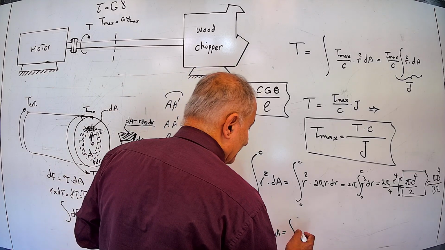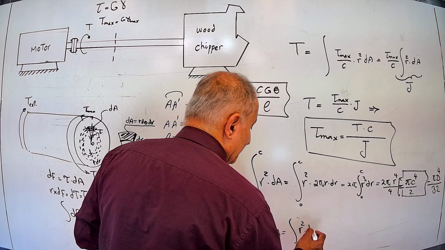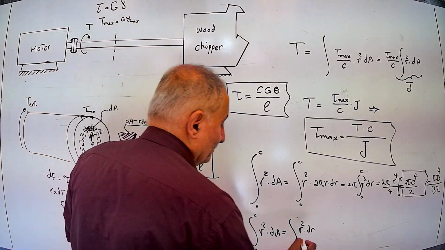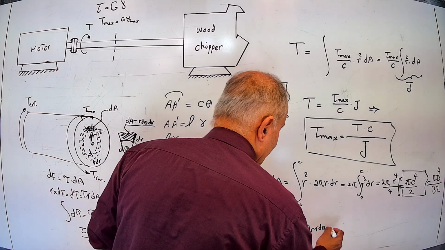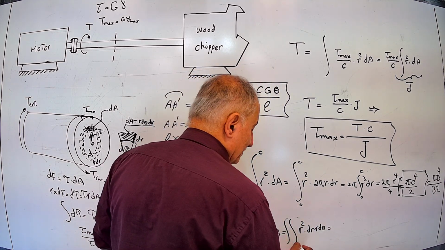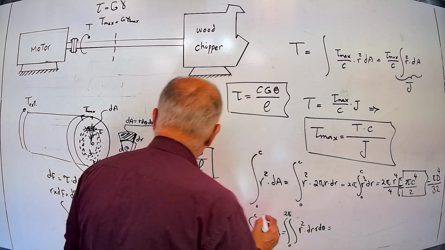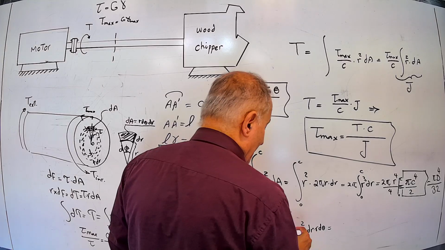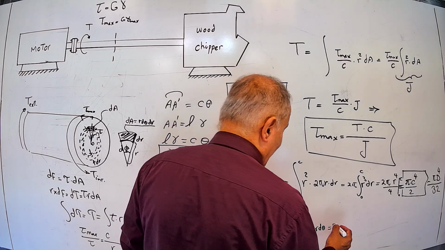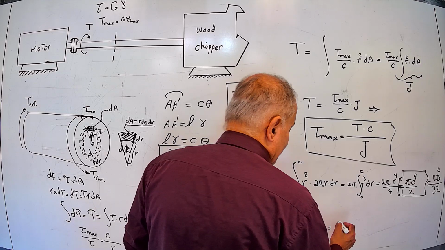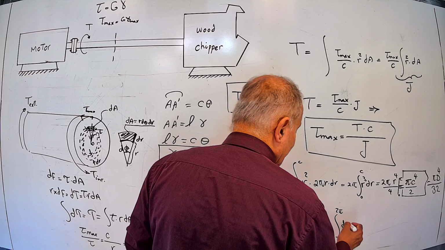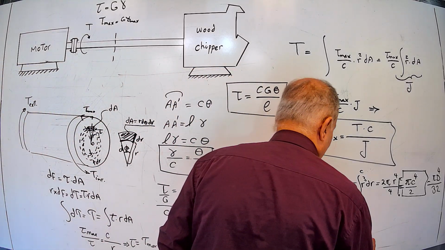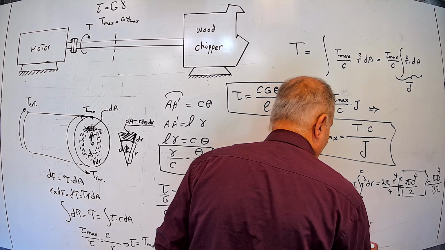When you write it as r squared times r dr d theta, you can write this double integration: theta changes from 0 to 2 pi, a complete 360 degrees, and r from 0 to C. Then I have 0 to 2 pi for d theta, a complete circle, and again r cubed dr from 0 to C.